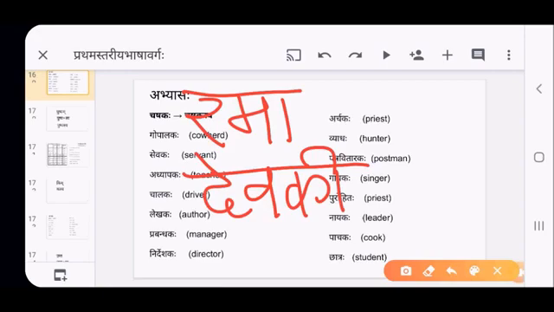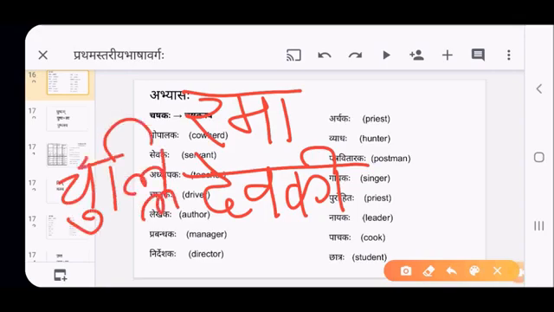The third type is the Strilinga word ending in Haswa E, or a short E, like for example Chulli. For the Shashti Vibhakti form, right now we are interested only in the first two types, Rama and Devaki. The third one, the Strilinga word ending in Haswa E, we are not seeing right now.